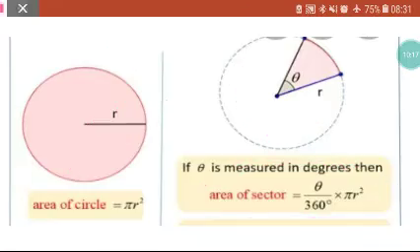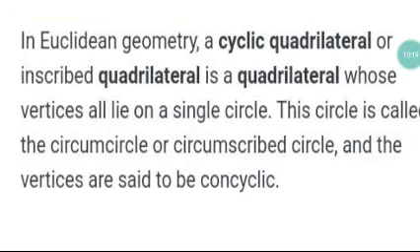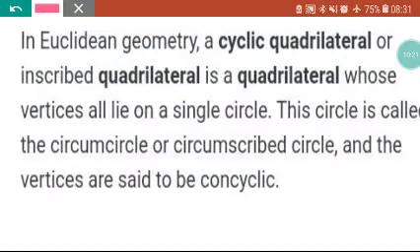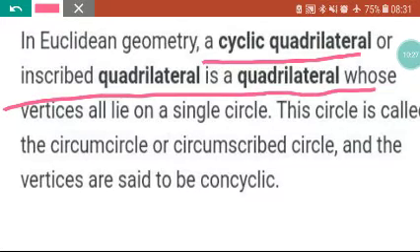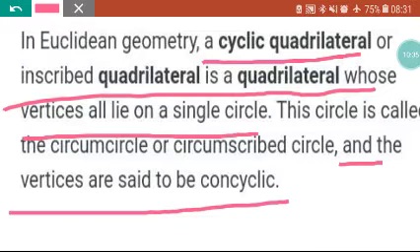Understood? Now we have the cyclic quadrilateral. What is that? A cyclic quadrilateral is a quadrilateral whose vertices all lie on a single circle, and the vertices are said to be concyclic. What is that exactly?